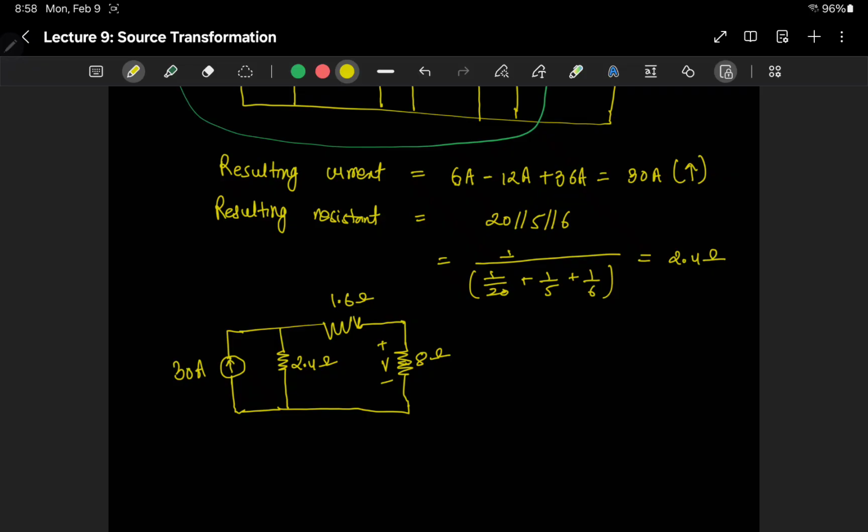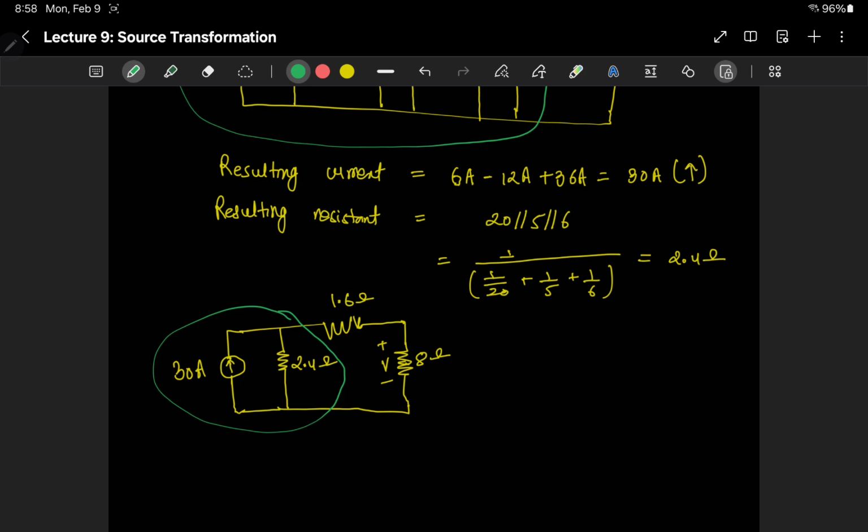Finally, if we transform this part of the circuit, which is a practical current source, into a voltage source, then we have one voltage source, one series resistor, and two other series resistors, then we can use the voltage divider rule to find the voltage across the 8 ohm resistor.